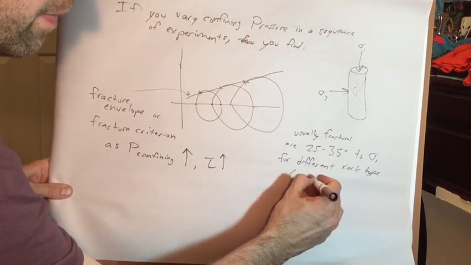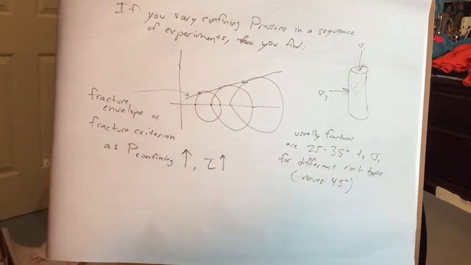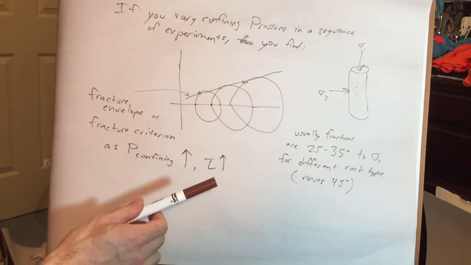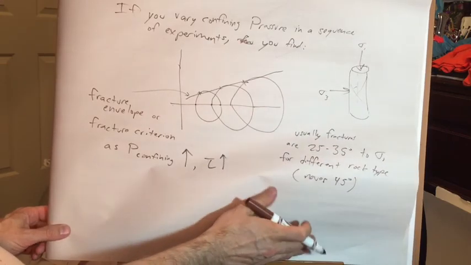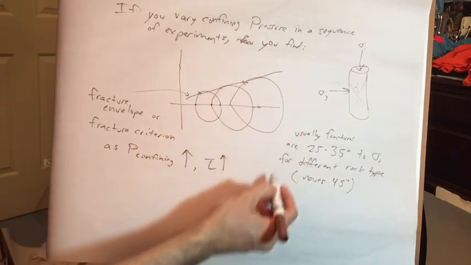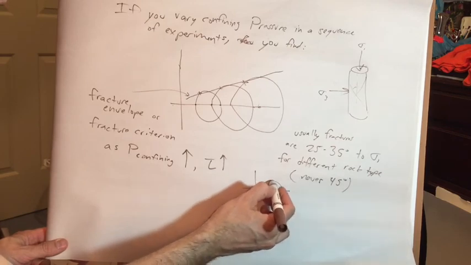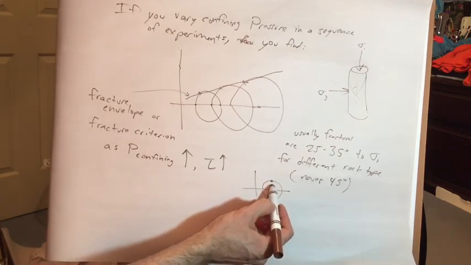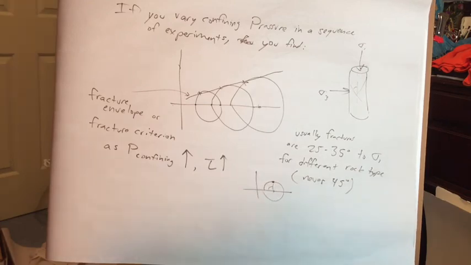It depends somewhat on rock type. It's never 45, which is a little bit puzzling. If you think about the Moore circle, it shows us that at theta equals 45, for any given Moore circle, maximum shear stress is at that point, when 2 theta is 90 degrees.